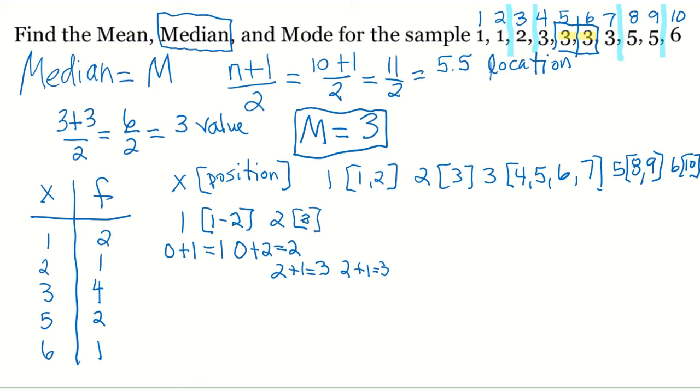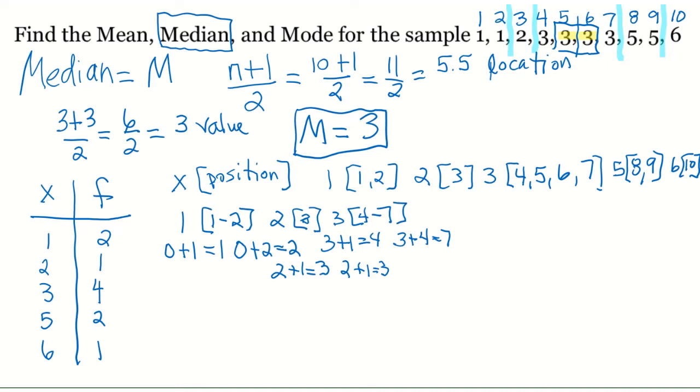So now I'm going to do the same thing for 3. I want to get the lower boundary, so I'm going to take this 3 that's in the box with the 2, and add 1. That's going to give me 4 as the lower boundary for the 3 value. And I'm also going to take that 3 and add 4 because it has a frequency of 4 to get 7, and that's going to be the upper boundary.